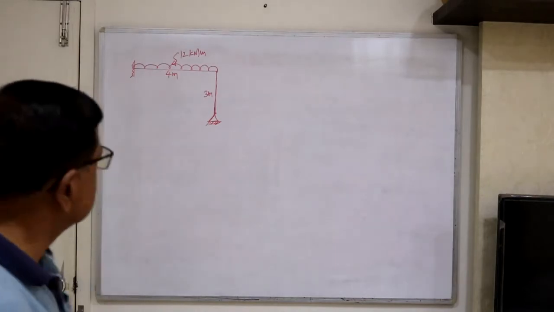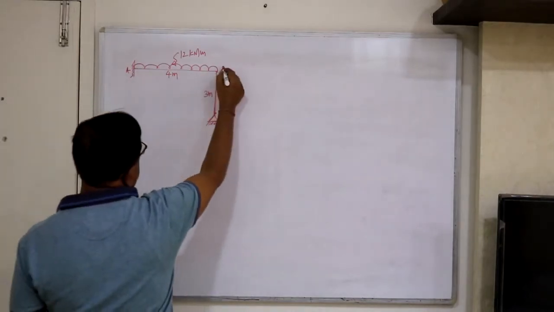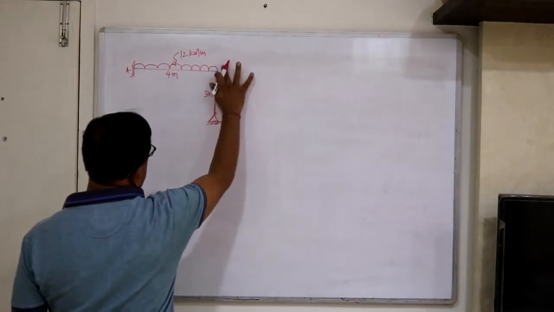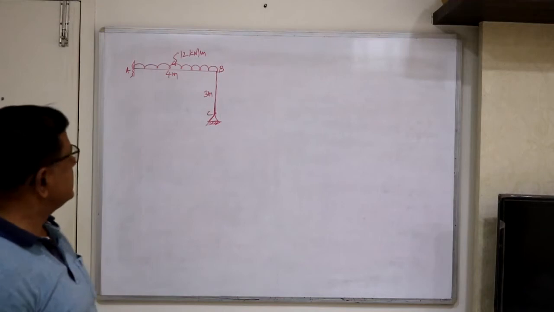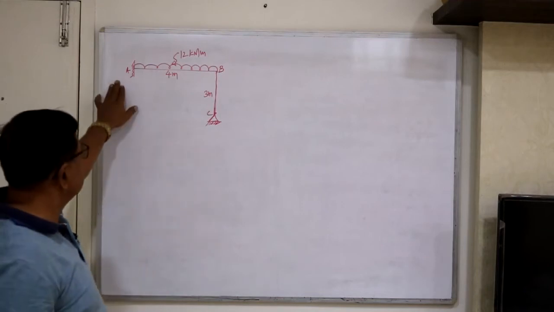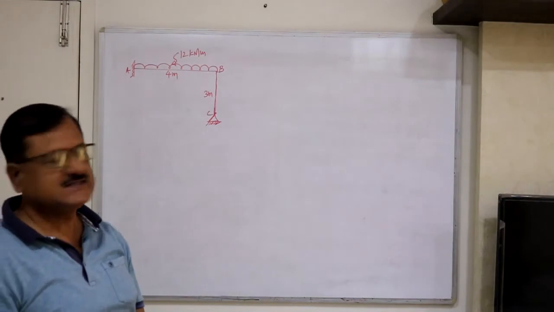Analyze the frame by using the flexibility method or force method. This is A, this joint is B, this is C. Now SDI is 2, 5 reactions minus 3 equations, SDI is 2.